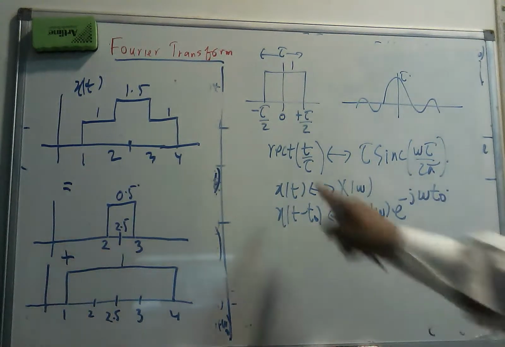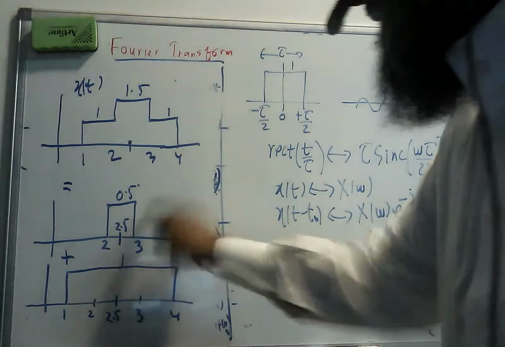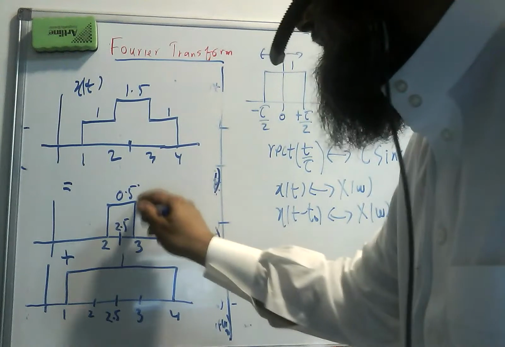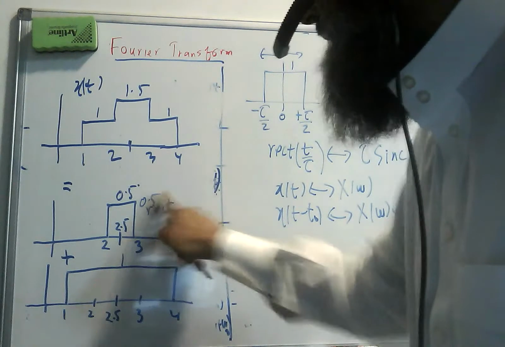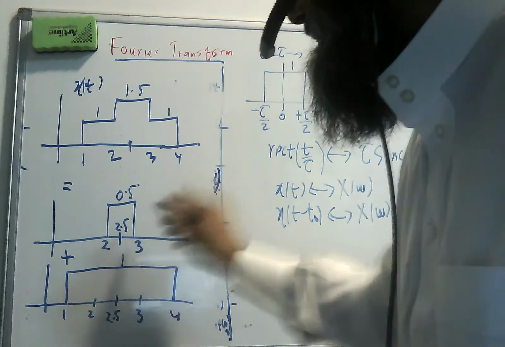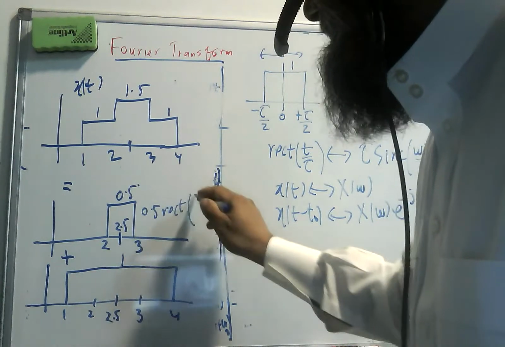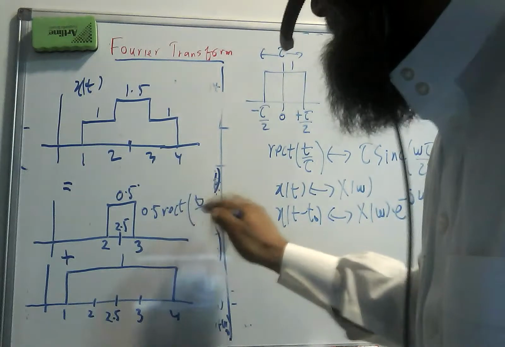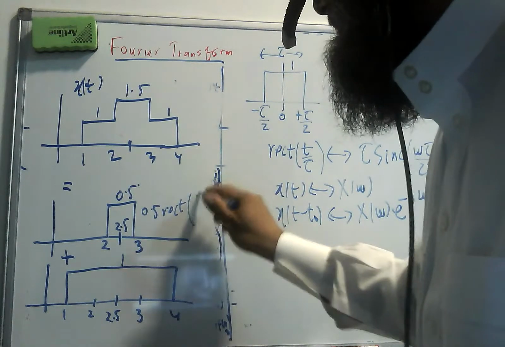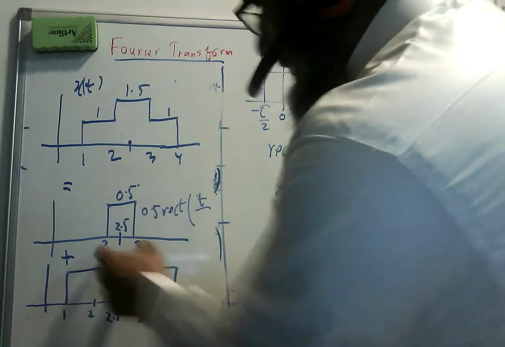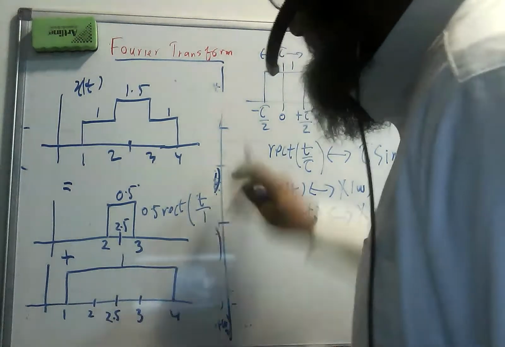So now I have two rectangular functions. The first is actually 0.5 rectangular because the amplitude is 0.5. So it will be 0.5 rectangular t divided by tau. What is tau? Tau is 1.